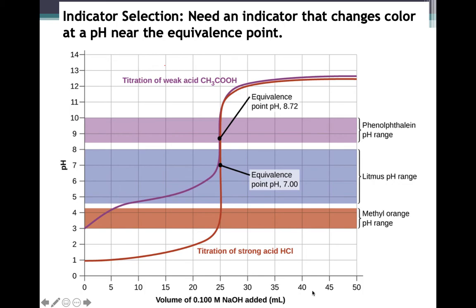And then if we're looking at where the equivalence point is expected to be below 7, methyl orange is often what we use.